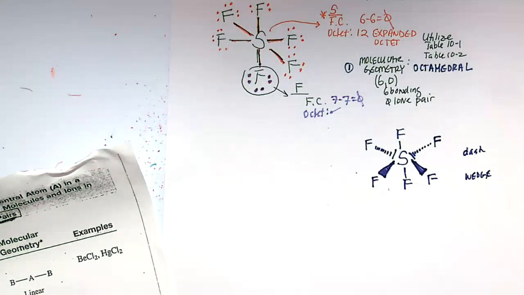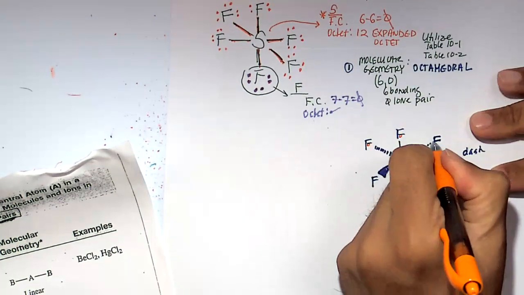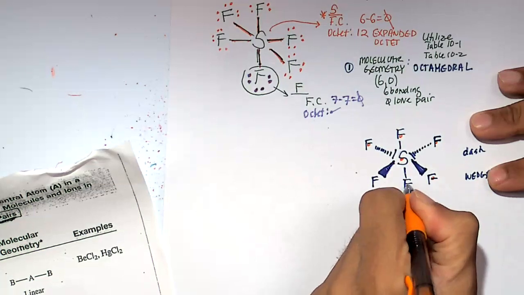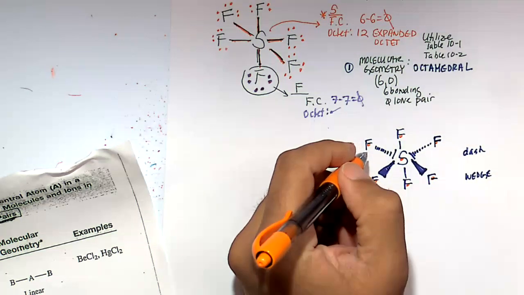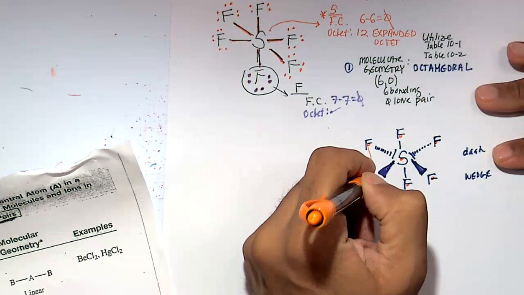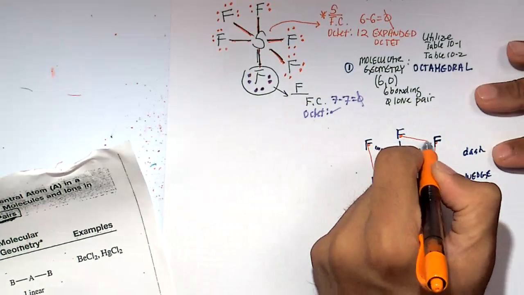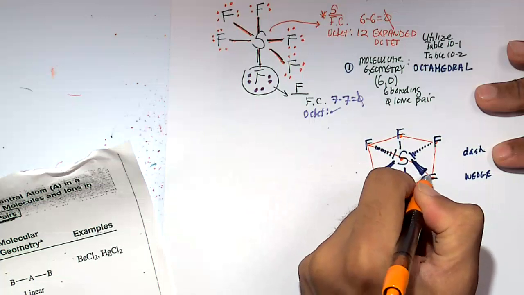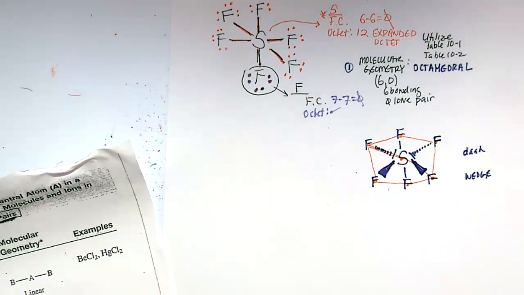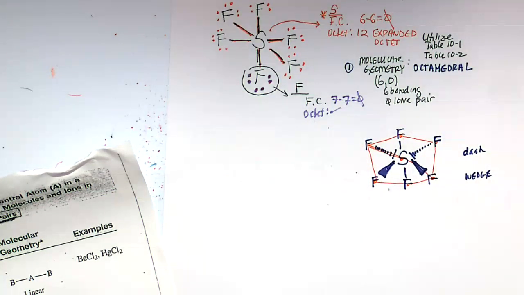You may wonder why the geometry of this is octahedral. If I take the center of every atom in orange and connect it, and again, your professor is not Picasso, what you actually see here is sort of like a tetrahedron on top and a tetrahedron on the bottom.